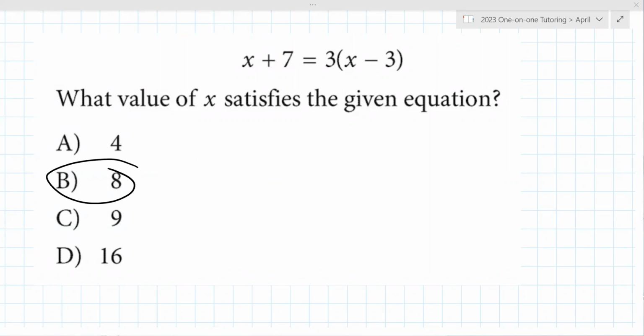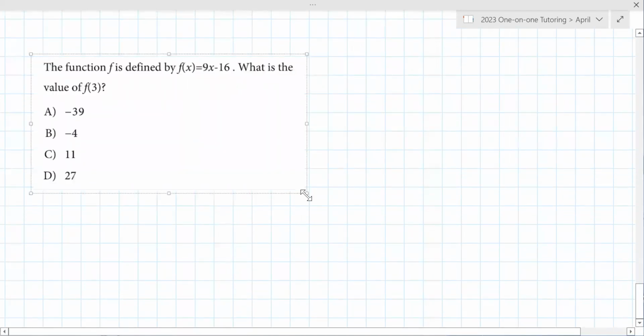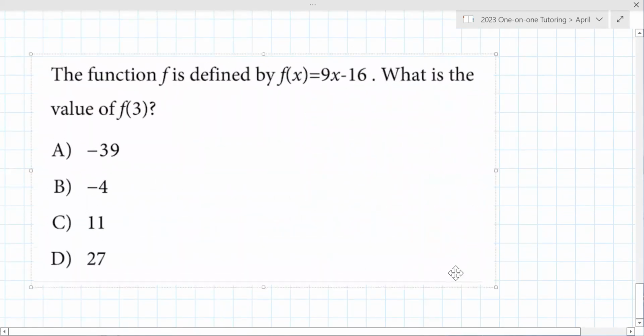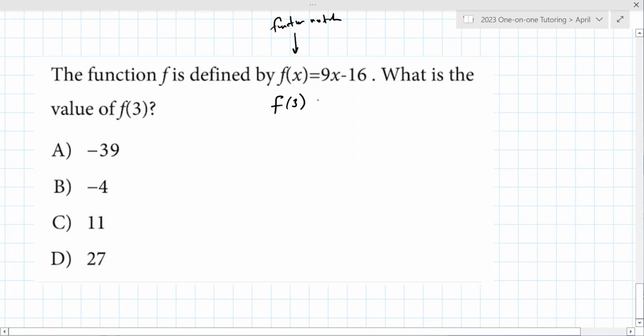All right. Well, we're going to look at a question here. It says the function f is defined by f of x equals 9x minus 6. This is the function notation. What is the value of f of 3? So f of 3 means to put 3 wherever you see an x.